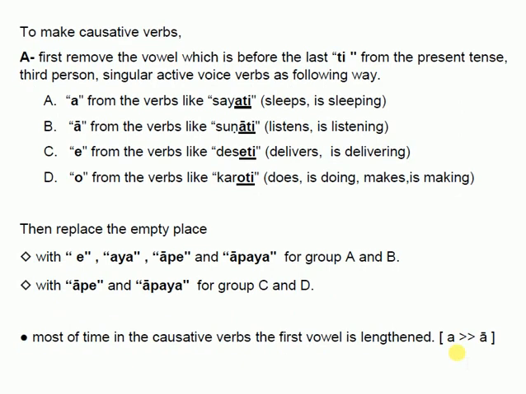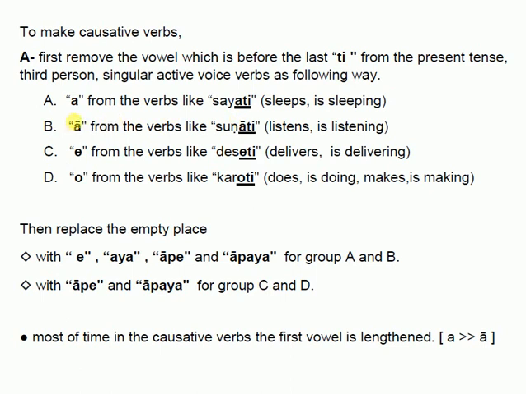To make causative verbs, A, first remove the vowel which is before the last ti from the present tense third person singular active voice verb, in the following way. Here are our four types of verbs: A type, B, C, D, and you know this rule.